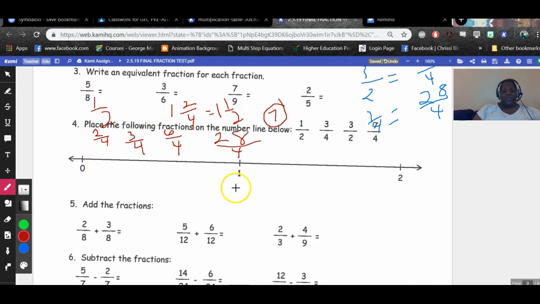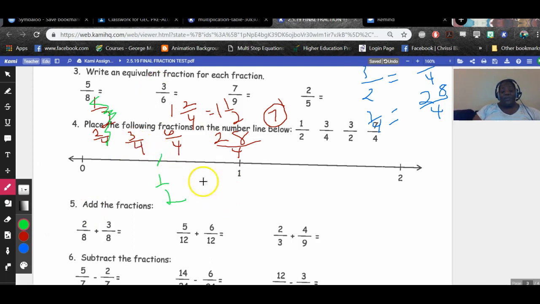Okay? So on this number line, where's 1/2? Half of 1. Half of 1, that's how you have to look at it. Here's your 1. Where's half of that? Right here. Okay? So that takes care of this one. Now, 3/4 is 75% of 1.